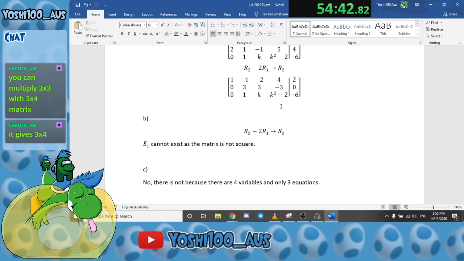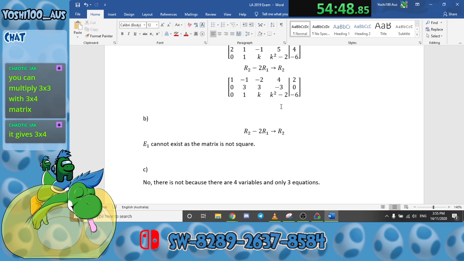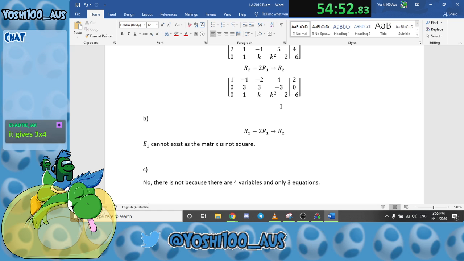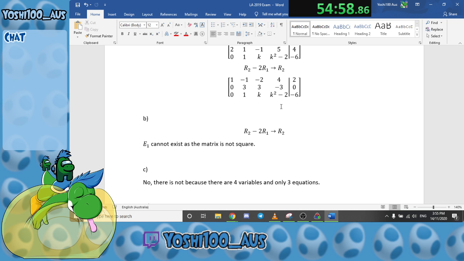Oh, it's because you can multiply it? Oh, of course. Yes, you can, because the outer bit is 3. I was thinking... No, okay. That makes sense. I was mixing it up.